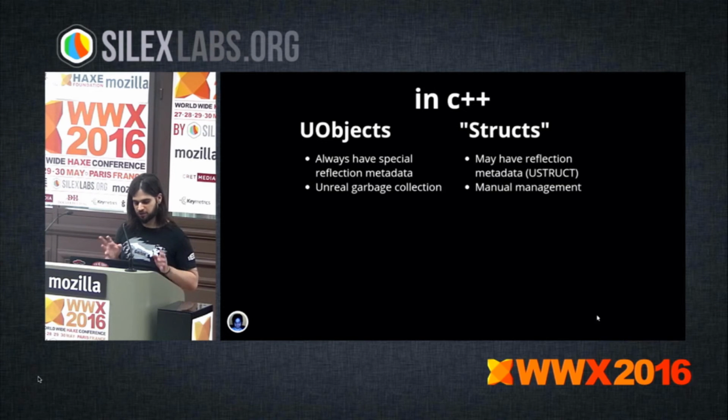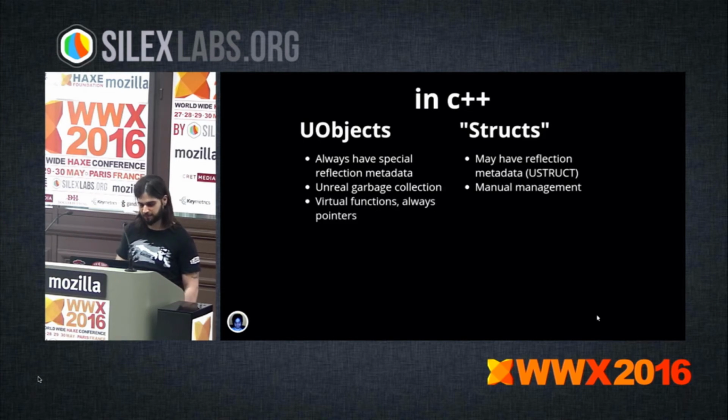You have to have this reference somewhere in a member variable with uProperty on it. And structs have manual memory management, and there are a lot of different kinds of manual management. You can pass them by value, or you have to delete them, but deleting is not common in the Unreal API.